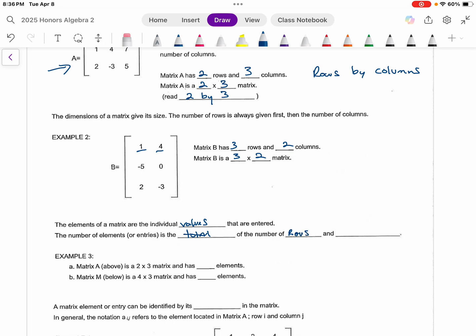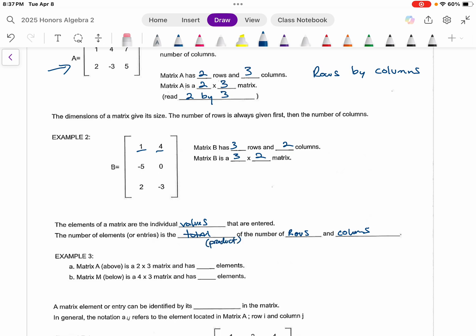rows and columns. So with that in mind, when I look at how many elements are in there, the total is the product.